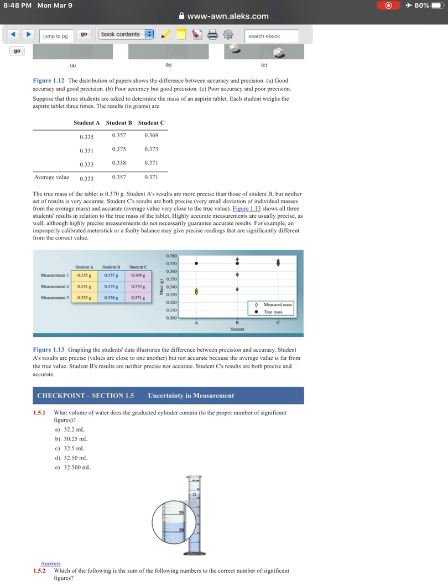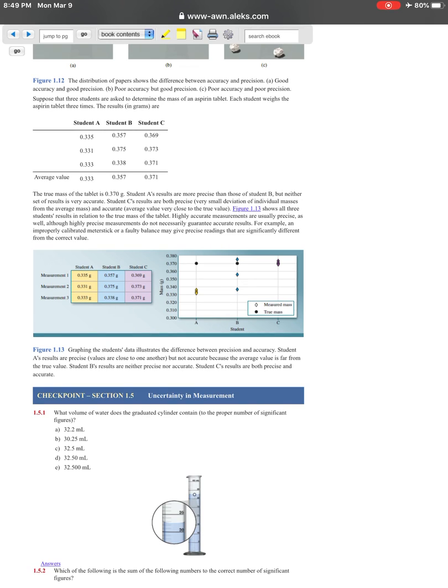We could look at accuracy and precision, and one way to look at that is to graph it. If you look at the graph in this figure 1.13, student A had 3 measurements very, very close to each other. They're down at the bottom in yellow. Really close, but they're very far away from the actual value, 0.370, the true value of the mass of the tablet. So we would say very high precision, very precise measurements. They're close to each other, but not very accurate.